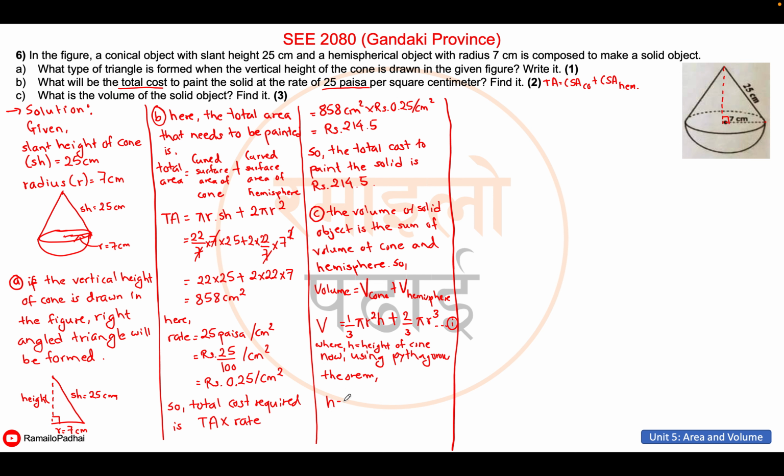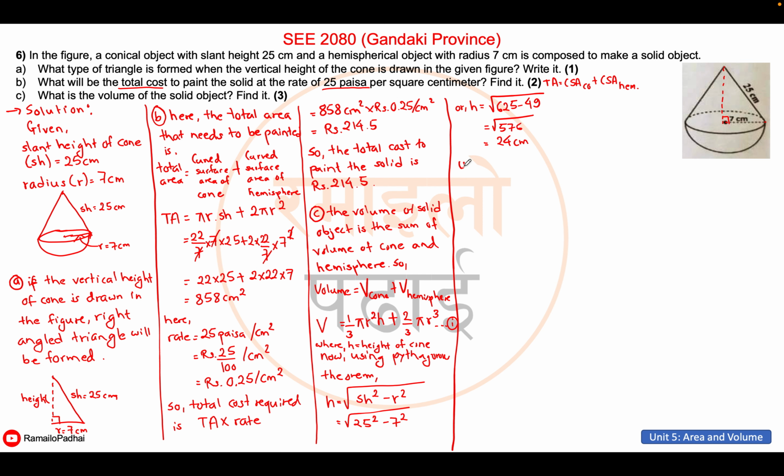So h is equal to root under s square minus r square, which is root under 25 square minus 7 square, or h is equal to root under 625 minus 49, which is equal to root 576, which is equal to 24 centimeter. So we have the height.